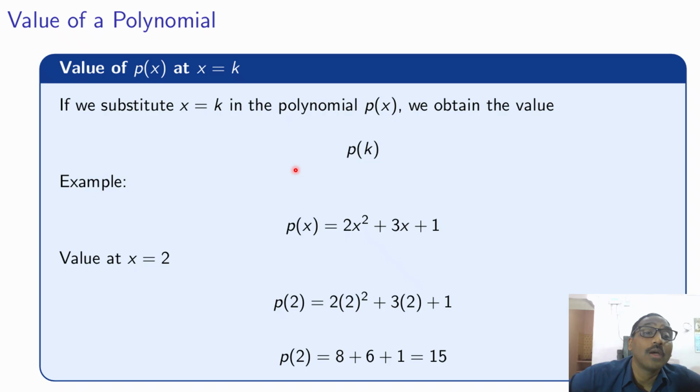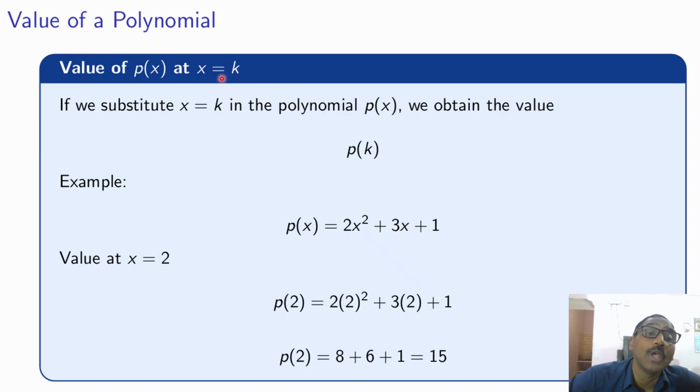So how to find the value of a polynomial? Value of p of x. p of x means a polynomial in the variable x. Value of p of x at x equal to k. Some x value I am taking, x equal to k.